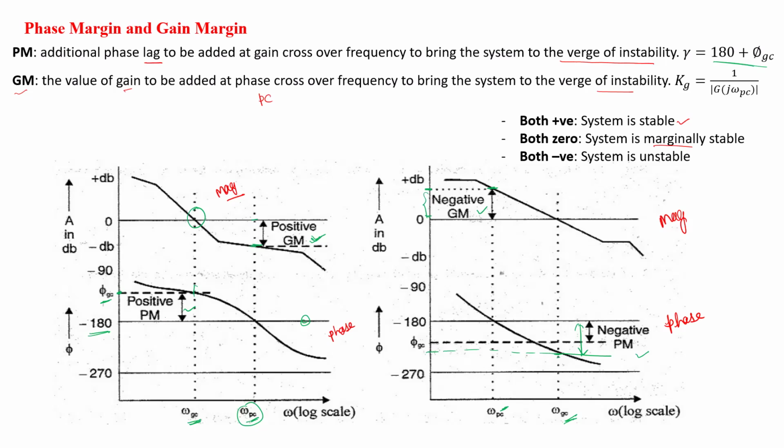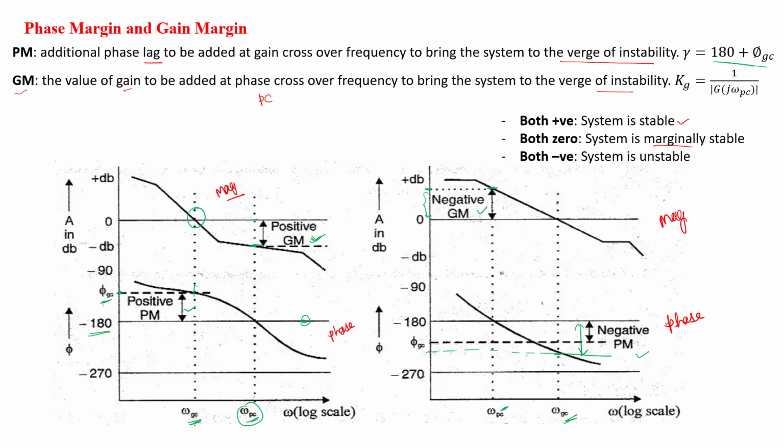Now we'll take a real example, and on that basis we'll try to find all these situations. It is important to know the gain crossover frequency: the frequency at which the magnitude plot, not phase, crosses 0 dB.